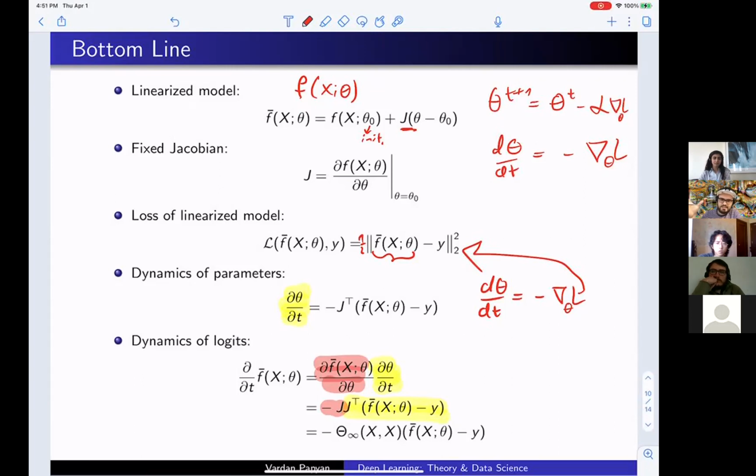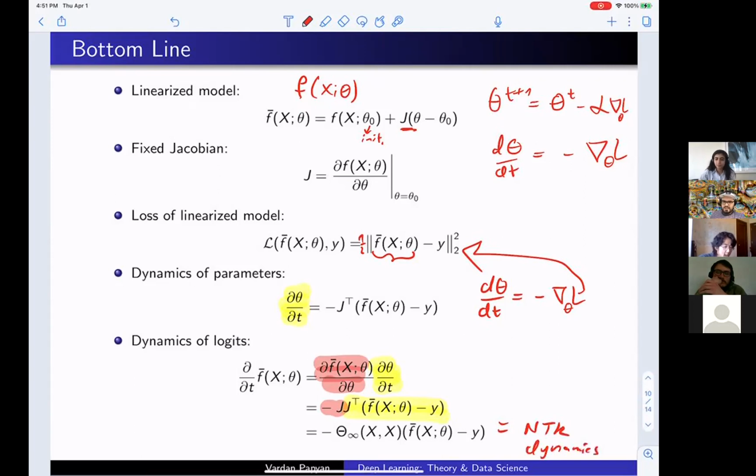Basically, what this slide is telling you is that if you were to linearize your network, then the dynamics would be equivalent to the dynamics of NTK, because this is just NTK dynamics.